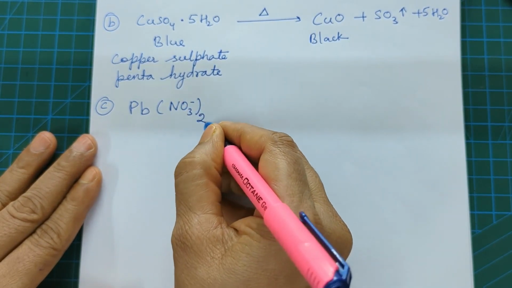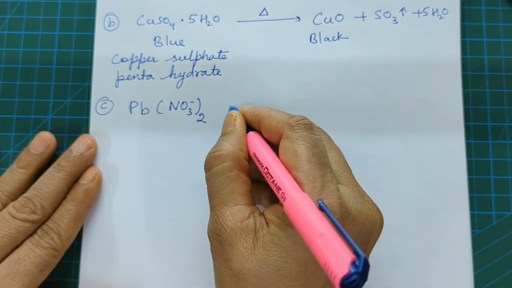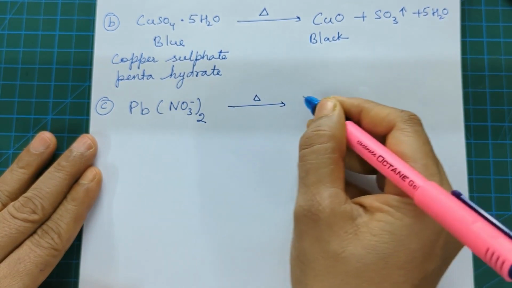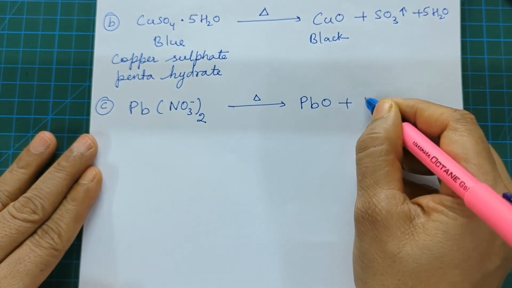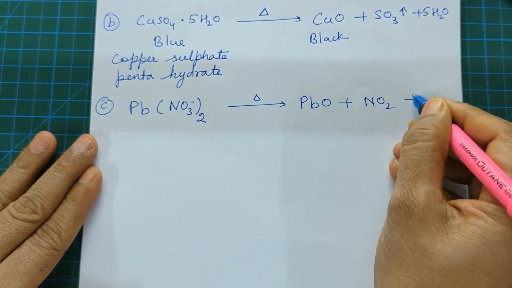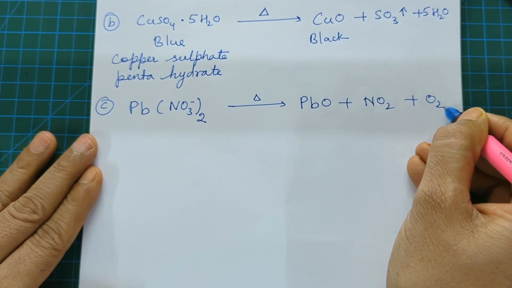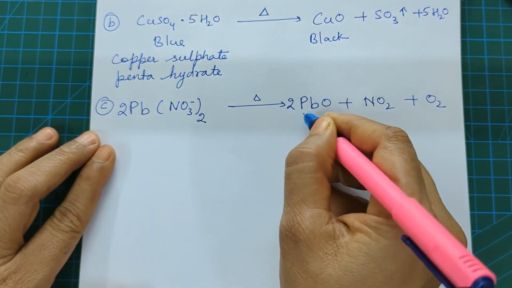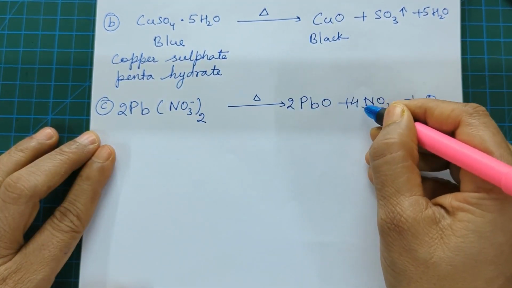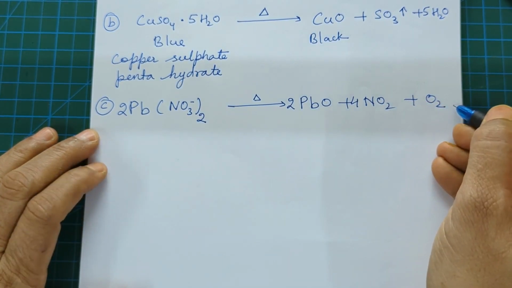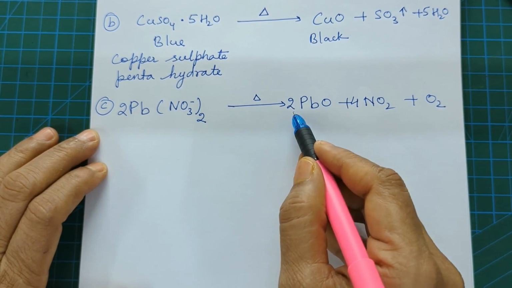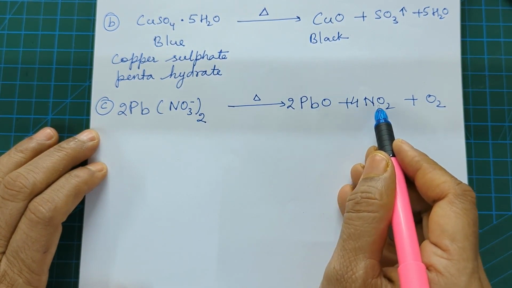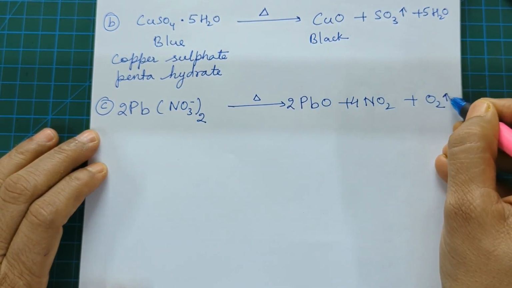So lead nitrate on heating forms lead oxide, that is PbO, plus nitrogen dioxide, and oxygen is released. For balancing, you write 2 lead nitrate, 2 lead oxide, 4 nitrogen dioxide, and oxygen in gaseous form.